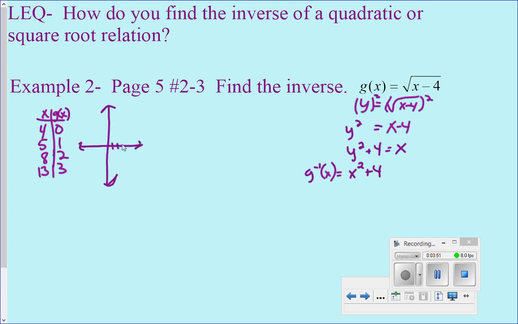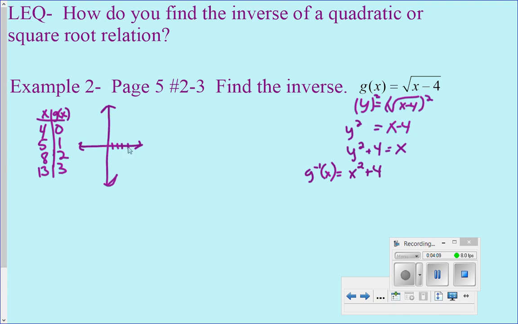So 4, 0. Now, before I even plot those, we know what the square root of x minus 4 looks like. We graphed those a couple weeks ago, earlier in the unit. So we know a positive square root looks like half of a parabola, the positive half that's on its side.